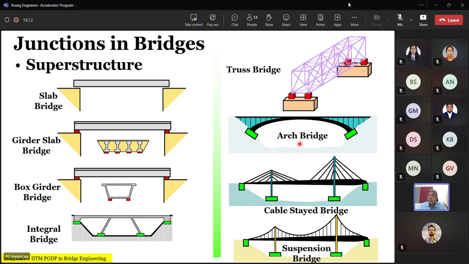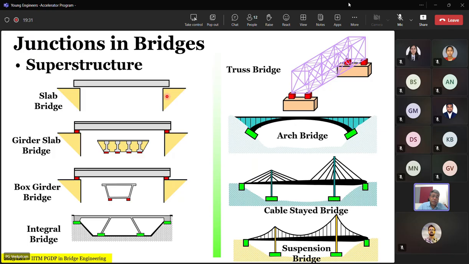And then we have arch bridges where we again have a junction between the foundation and the arch. And in cable-stayed bridges, we have many other types of junctions between the cables and the deck, and in suspension bridges between suspenders and the cables, and then the suspenders and the deck. So we have junctions at a number of places.